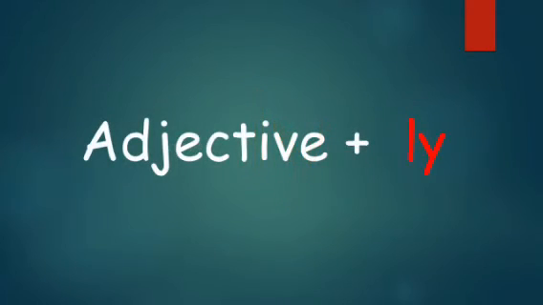Let's now talk about how to make adverbs. Most adverbs, not all of them, but most of them end in ly. So it's actually very easy. Take the adjective and add ly at the end. So we have adjective plus ly will give you an adverb. Let's look at a few examples.